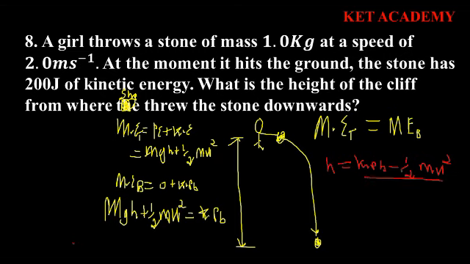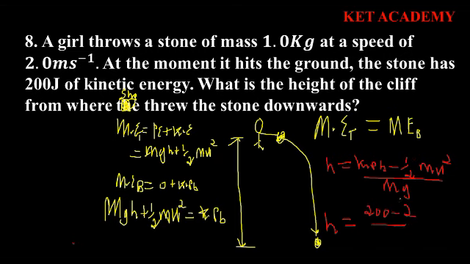divided by mg. So doing our numerical application, the kinetic energy at the bottom is 200 minus a half m. Our m there is 1, so a half, and our u is 2. 2 squared should be 4, 4 divided by 2 should be 2.